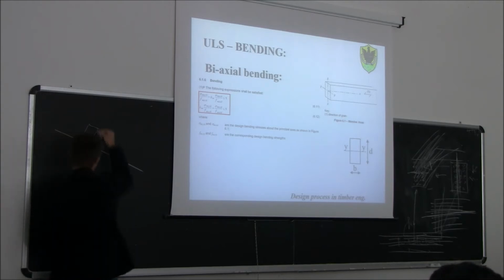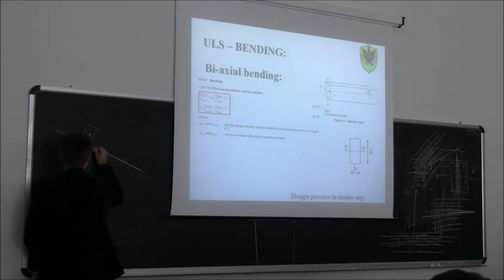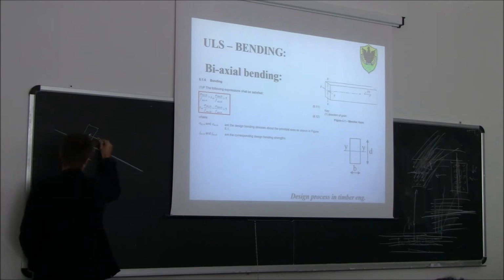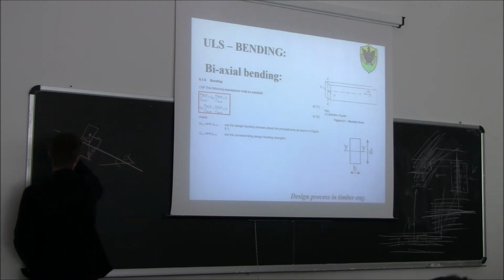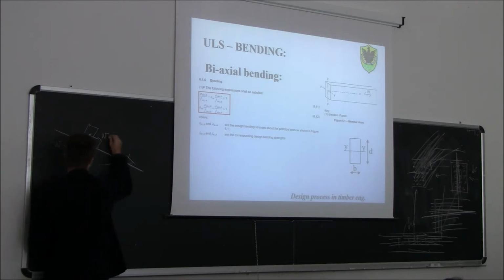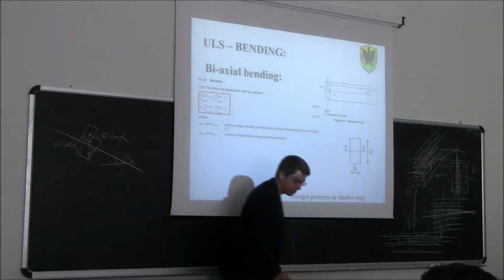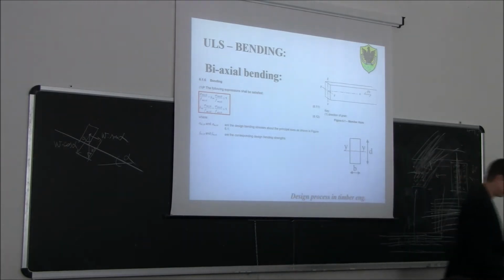So they are subjected basically to a vertical load. This vertical load can be decomposed into two components: W times cos alpha and W times sin alpha. This is a typical case of biaxial bending.